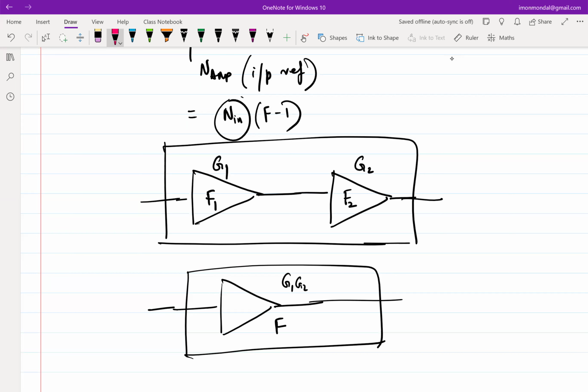It seems like they are voltage controlled voltage sources because they have gain of G1, gain of G2, one driving the other. The gain is not getting affected just because I have loaded the output of one with the other. That's not the case. This G1 and G2 includes loading. So G1 and G2 are loaded gains, not unloaded gains.